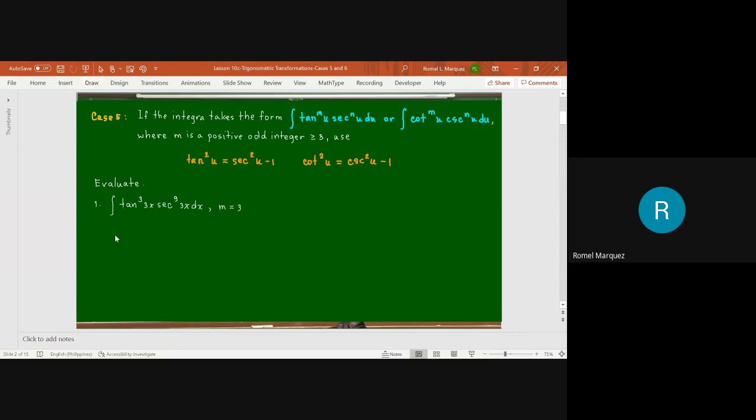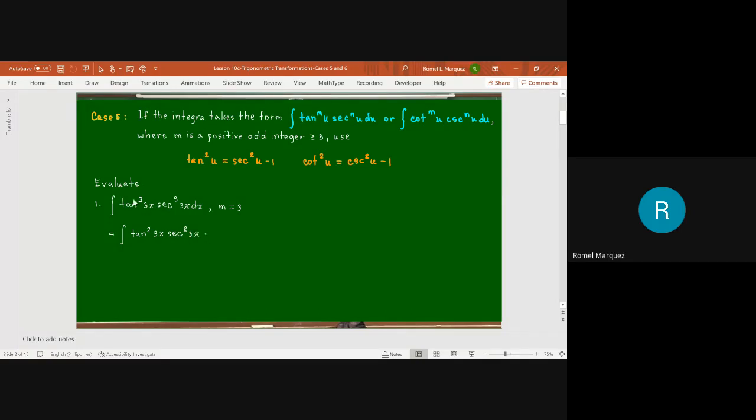Okay? So first, we're going to express tangent cubed into a quadratic power. The remaining one tangent will be associated with dx together with one secant coming from secant to the 9th. So we have tangent squared 3x times secant to the 8th 3x.